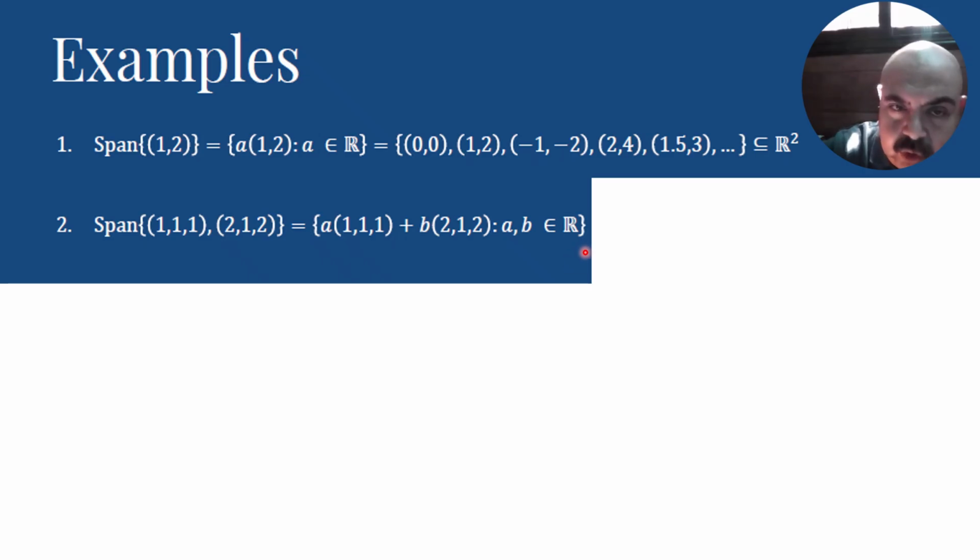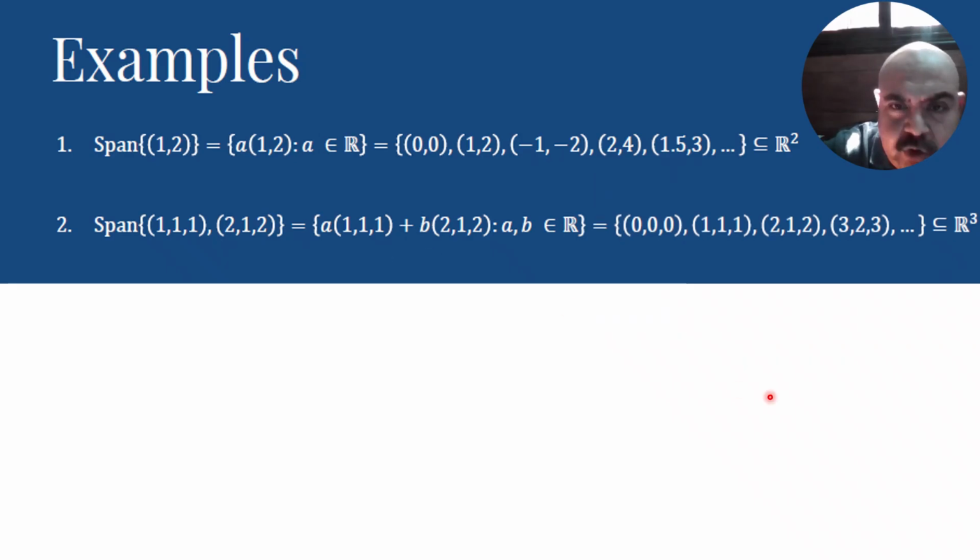So A and B belong to R, and you just change them and you will have all of this. If I choose A and B equal to zeros, it's going to be the origin. If I choose A equal to 1 and B equal to 0, the result will be 1, 1, 1. If A equal to 0 and B equal to 1, I will end up having 2, 1, 2. If I put A equal to 1 and B equal to 1, it's going to be 3, 2, 3. And all of this is considered a vector space, and also a sub-vector space of R3.